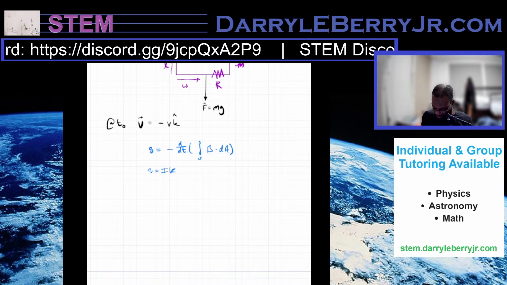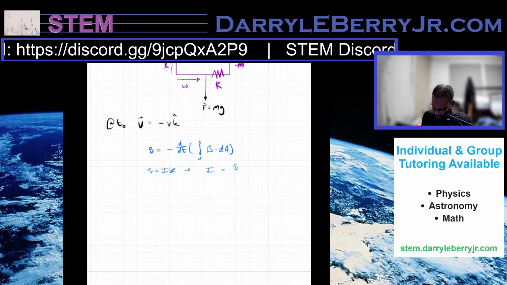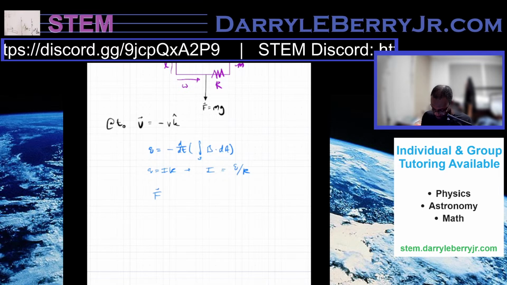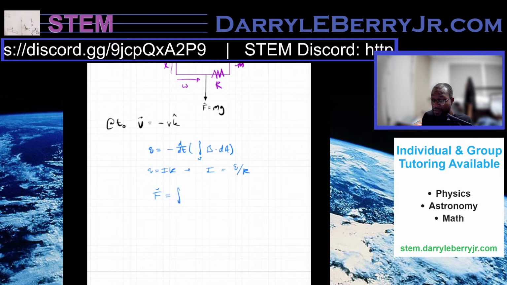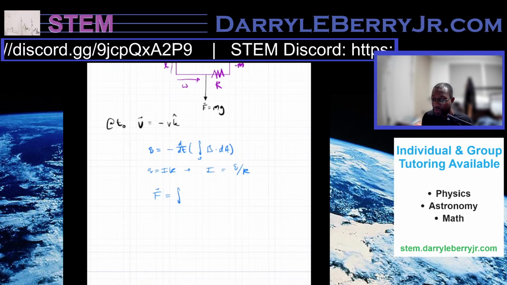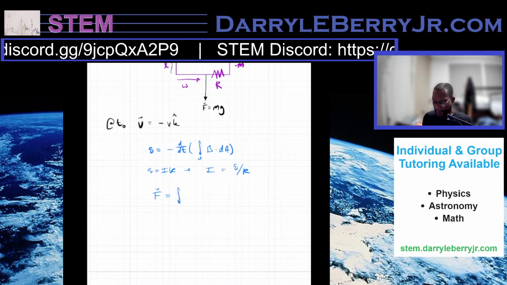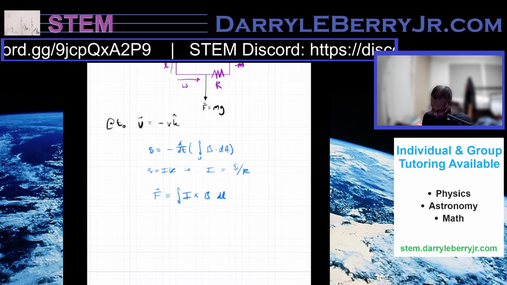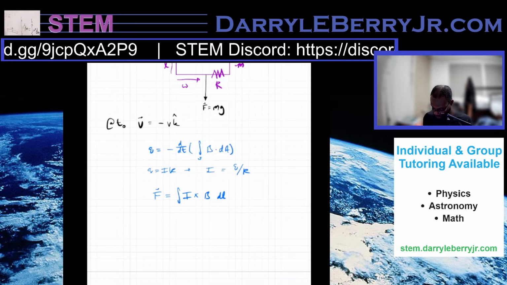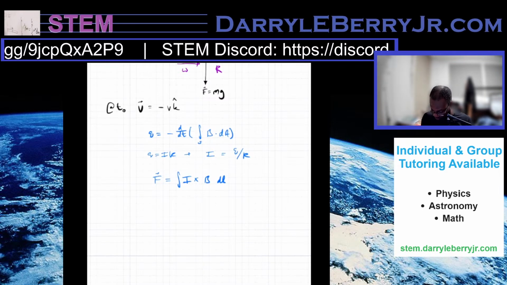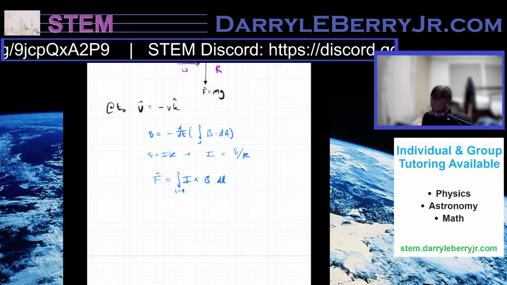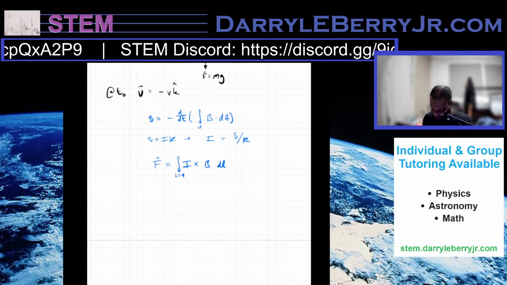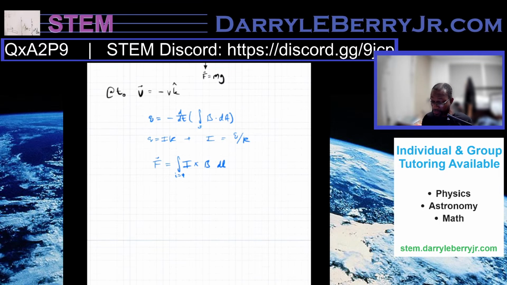V equals IR, so I equals epsilon over R, and F equals the integral of I B cos theta dl, and it's going to be over 4 different sides because we have a square or rectangular loop. So these are all the equations we should need.